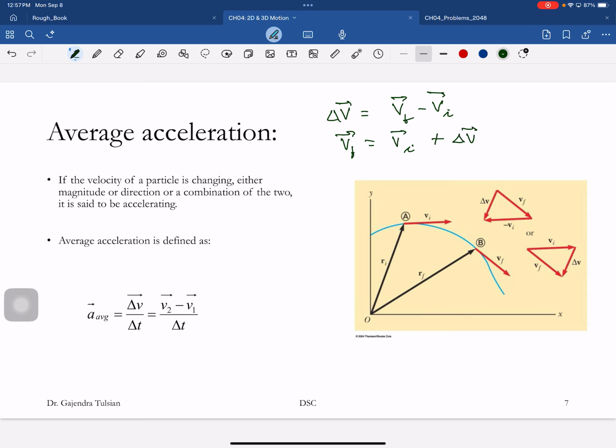Here is this equation: v final, and here is the negative of v initial, equal to the change delta v.